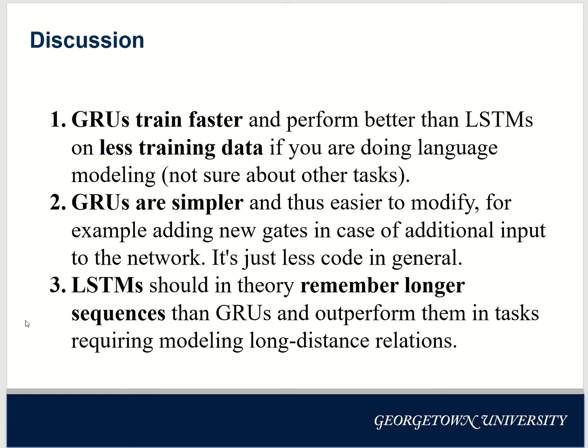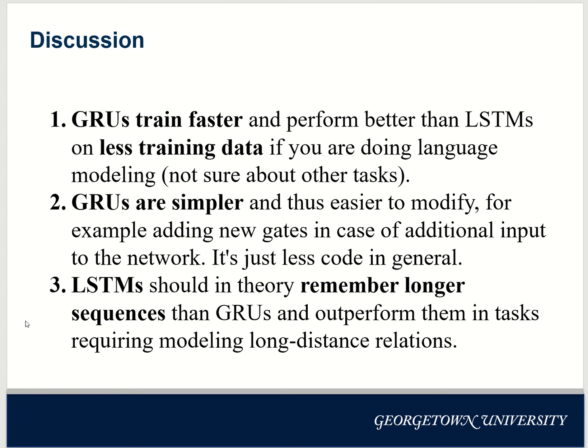GRU is actually the newer model. GRUs usually train faster and perform better than LSTMs on less training data. That's why in the first stage it performs better and faster than LSTM, because we have less information, less data. But in the second stage, we added more parameters, we added weights. So in this case, LSTM actually has a better score than GRU.